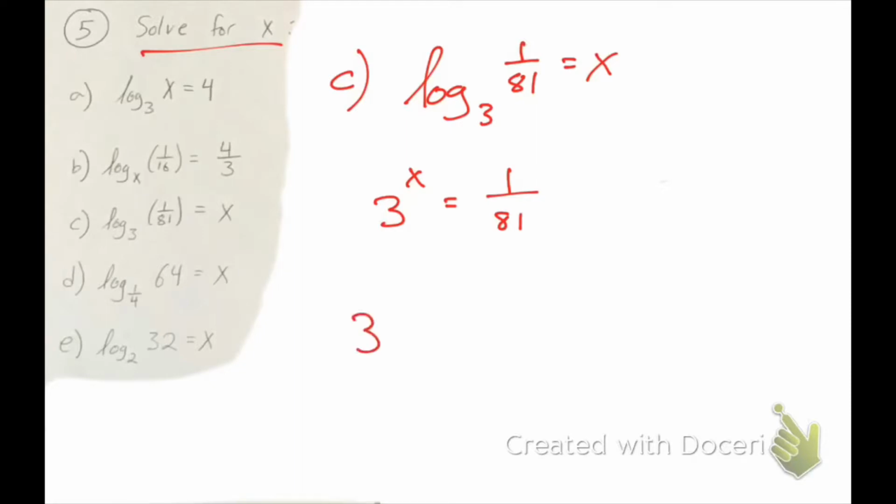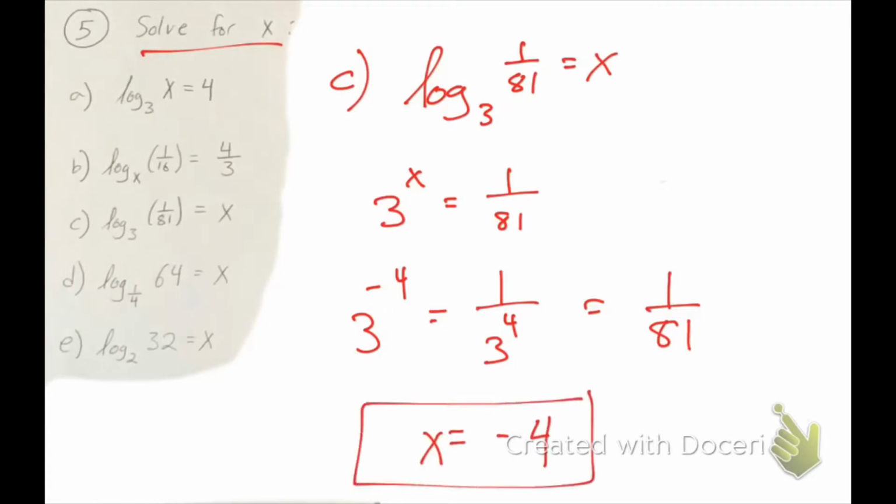So I know that if I have 3 to the negative 4, that will flip this to get 1 over 3 to the power 4, which will give me 1 over 81. So x would have to be equal to negative 4.